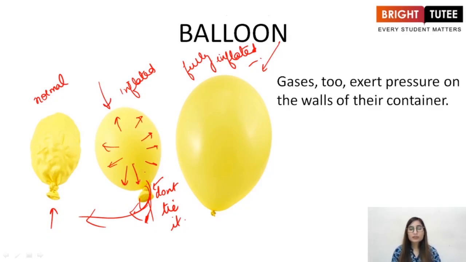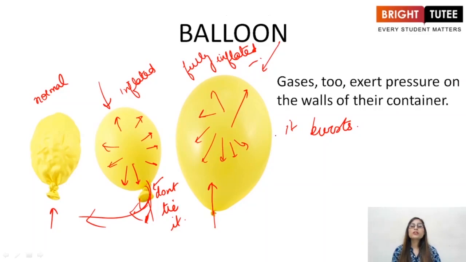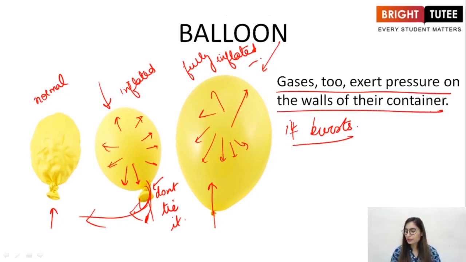Similarly, when it is fully inflated, if you pump more air into the balloon, it bursts, because the pressure is not bearable for the balloon, so it bursts when there is an excess of air filled inside it. So this tells us that gases too exert pressure on the walls of their container.